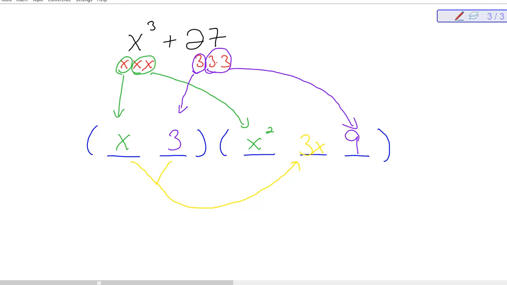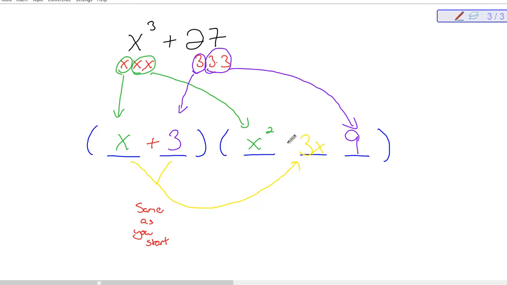Now for the signs. The signs are going to be based off of your original sign here. The first sign is the same as you start. Whatever sign you start with, that's the sign you're going to put in your first parentheses.